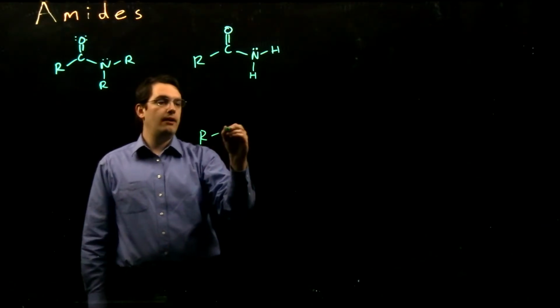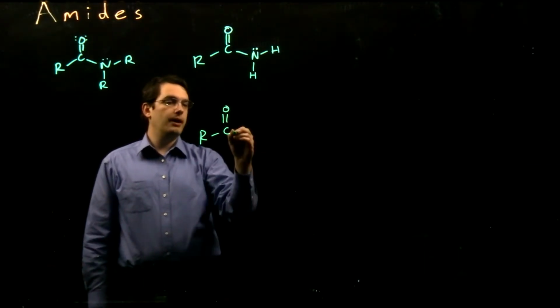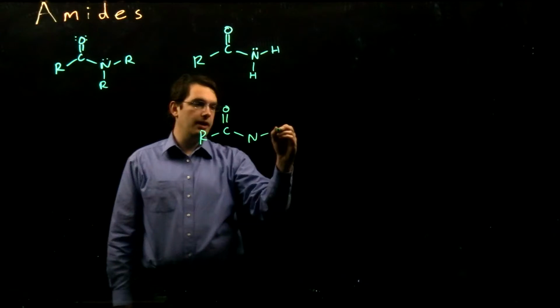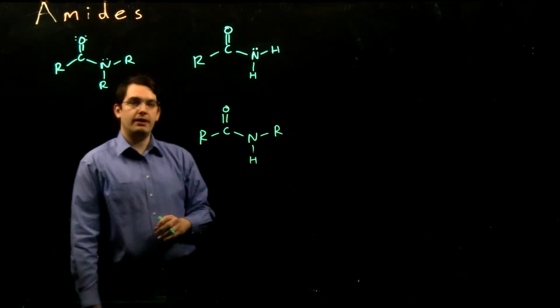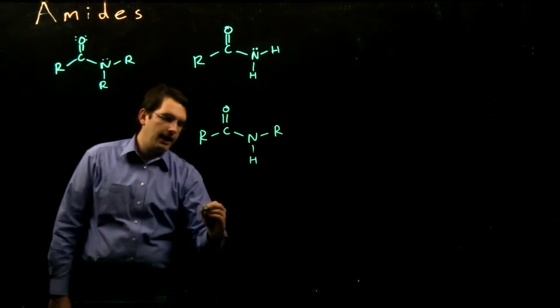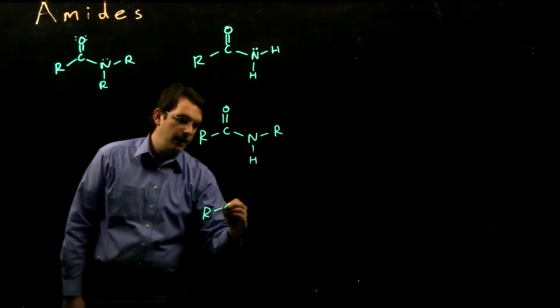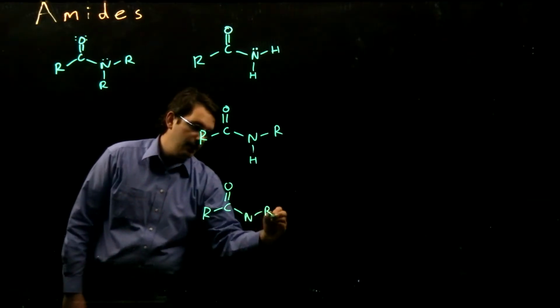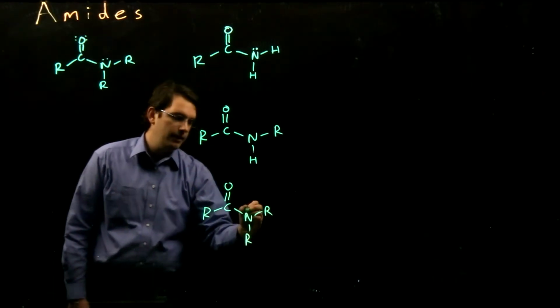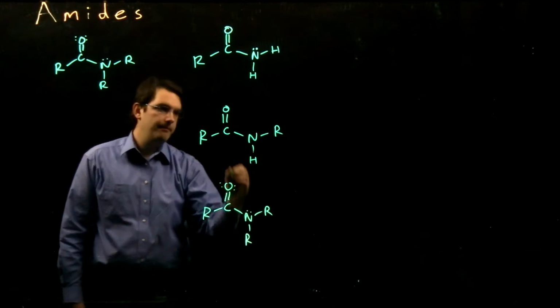Or we could have our nitrogen bonded to one carbon chain. So I'll represent that as an R over here. Or we could have that nitrogen bonded to two different carbon chains in addition to our carbonyl carbon.